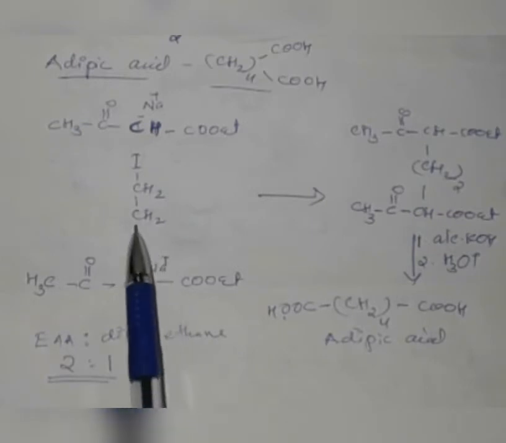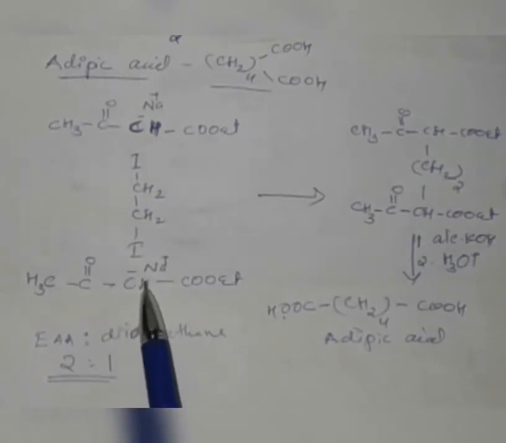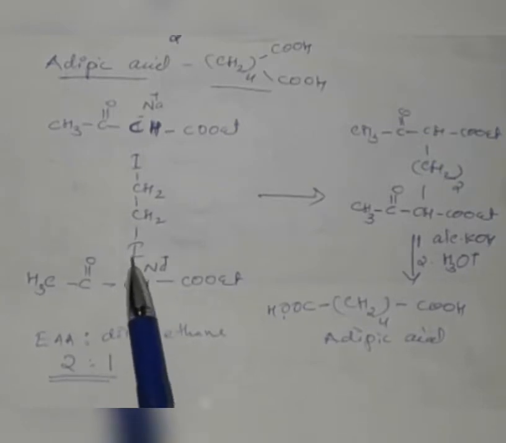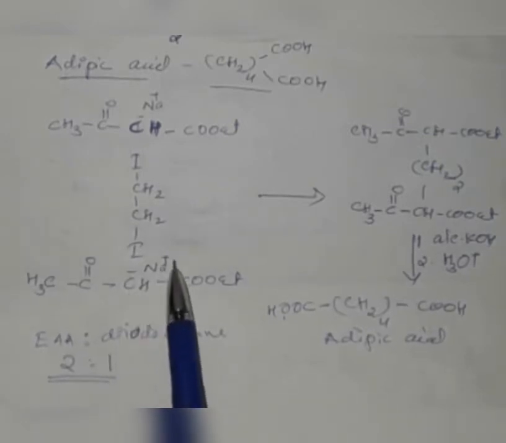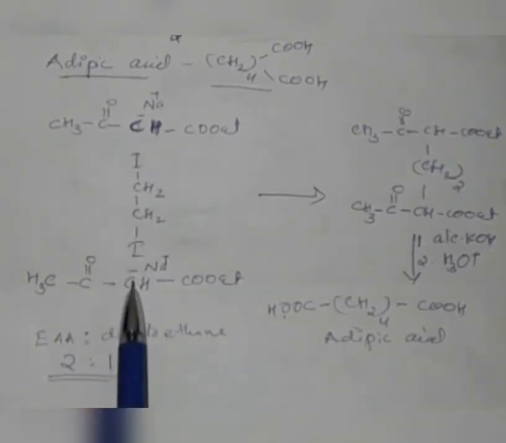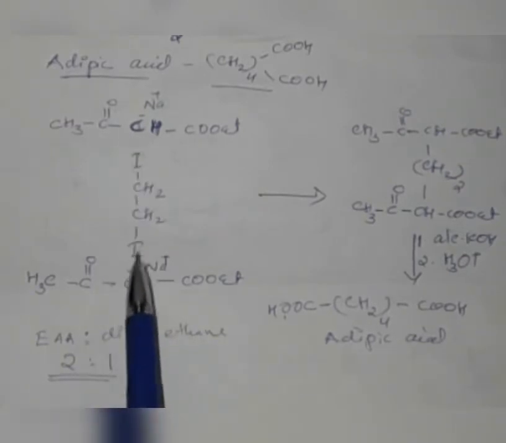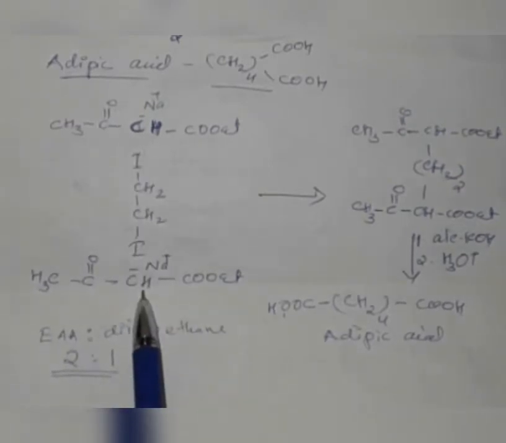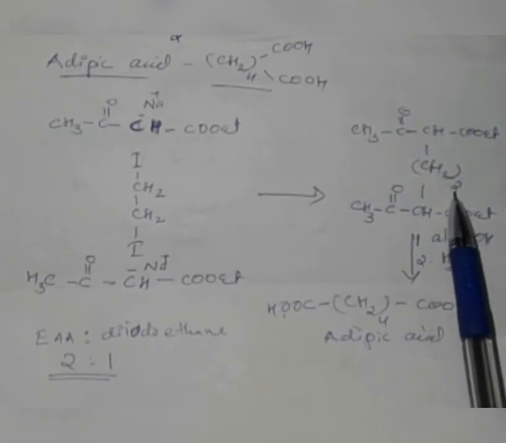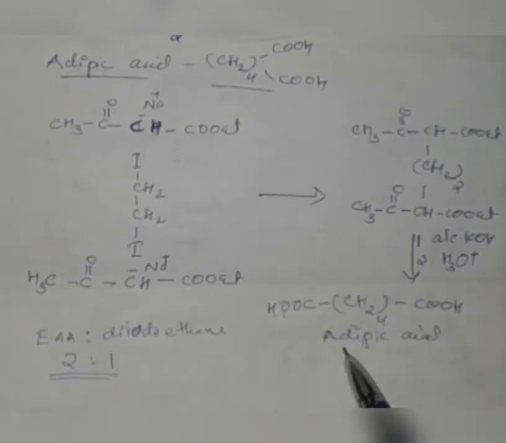Then the second CH2 is bonded to the methylene carbon of the second molecule of EAA by eliminating a molecule of sodium iodide, and a bridge is formed between the methylene carbons of the two molecules of EAA. So we get this product, which on alcoholic treatment with KOH followed by acid hydrolysis gives adipic acid.